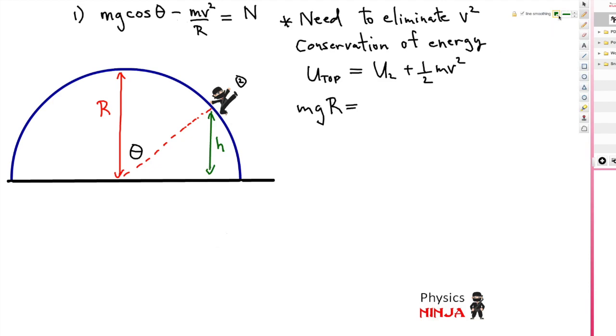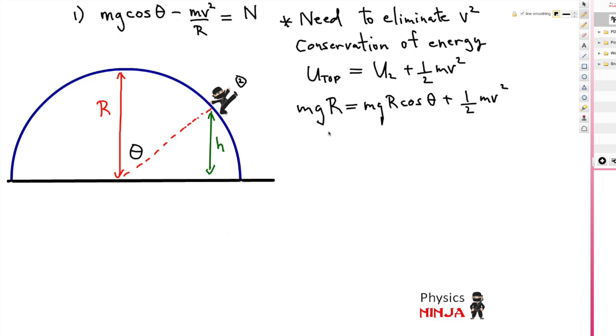Therefore, the gravitational energy at that point is simply mg, and I'm going to write the height right away in terms of the angle theta, r cos theta, plus the kinetic energy term. Here we have an expression for mv squared, and equation 1 has an expression for mv squared divided by r.